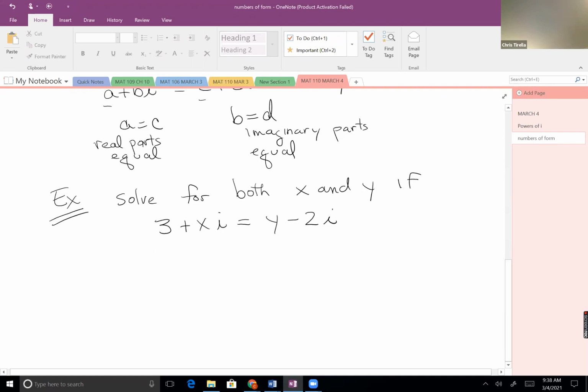And again here, I'm setting two complex numbers equal. And so their real parts would have to be equal. So I'd get that 3 is equal to y. And their imaginary parts have to be equal. So I'd get that x is equal to -2. Straightforward enough?